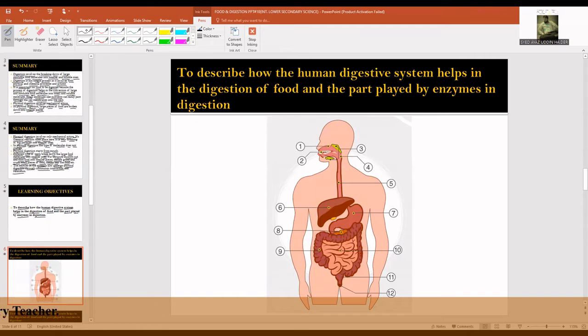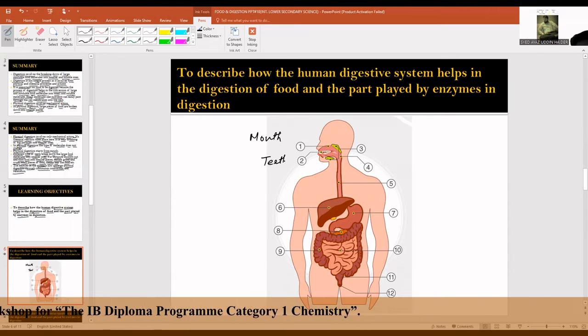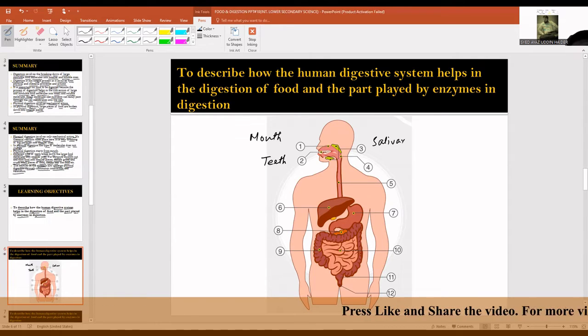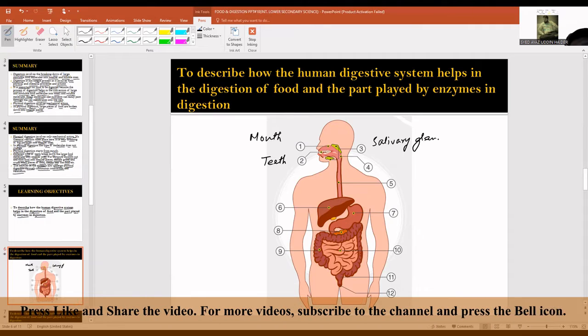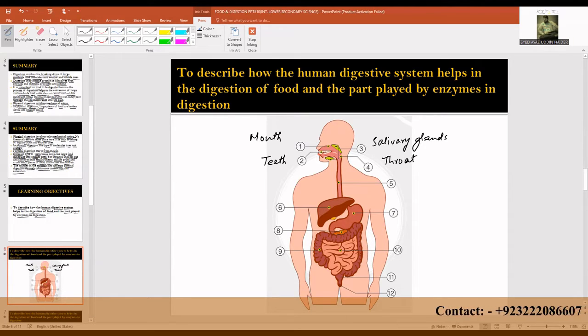This part is the mouth. Digestion starts from the mouth. Here are the teeth. These are the salivary glands. This is the throat. This is the gullet or esophagus. This is the liver.